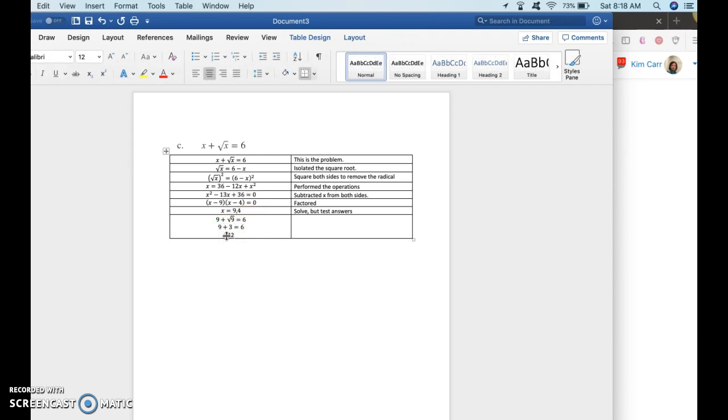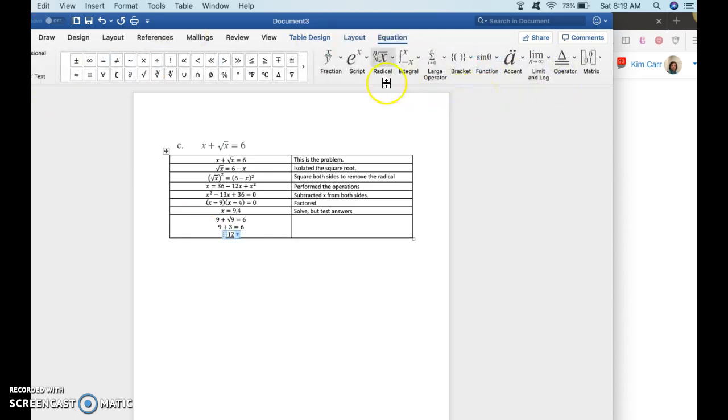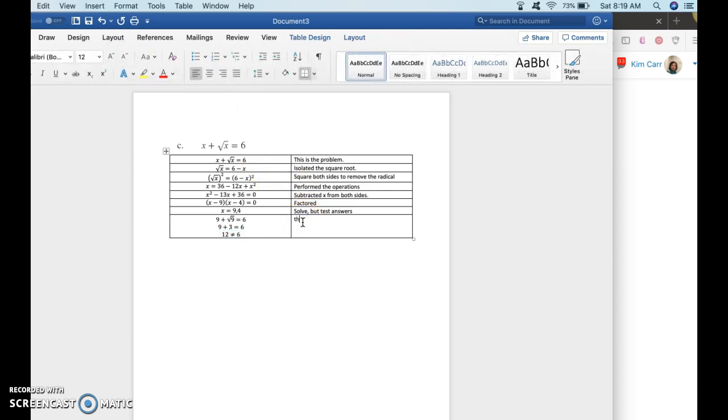And we should say that it does not equal 6. The root 9 was extraneous.